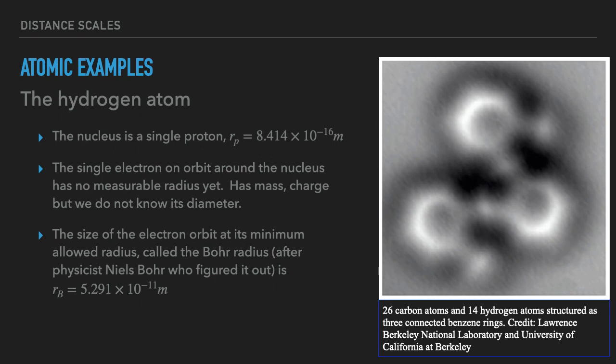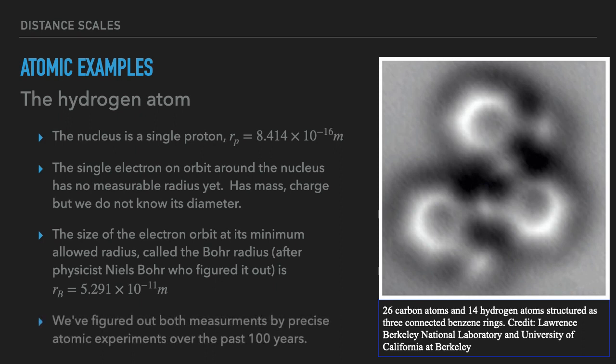And the Bohr radius, 5.291 times 10 to the minus 11 meters, is about 0.5291 angstroms, so about half an angstrom. So that radius is pretty small, right? And we've been able to figure out those two measures and other measurements with careful experimentation over the past 100 years, all right?